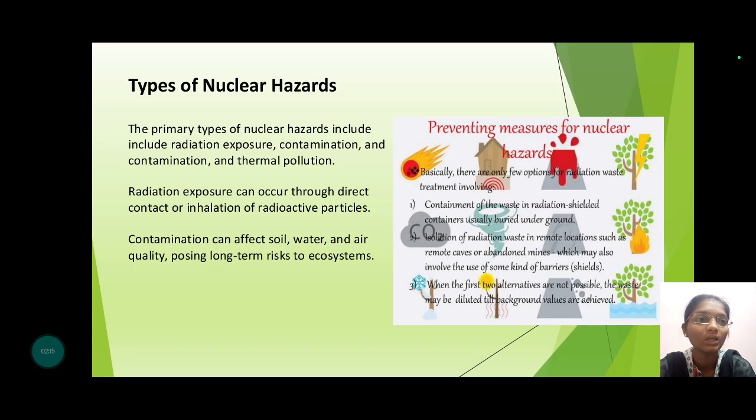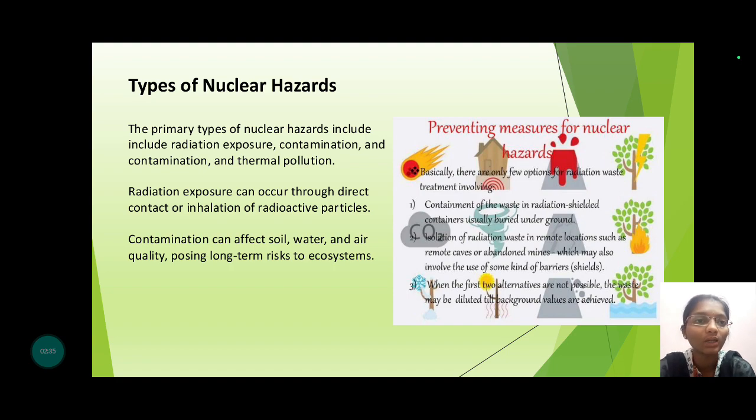Let us see what are the nuclear hazards and their types. The primary types of nuclear hazards include radiation exposure, contamination, and thermal pollution.